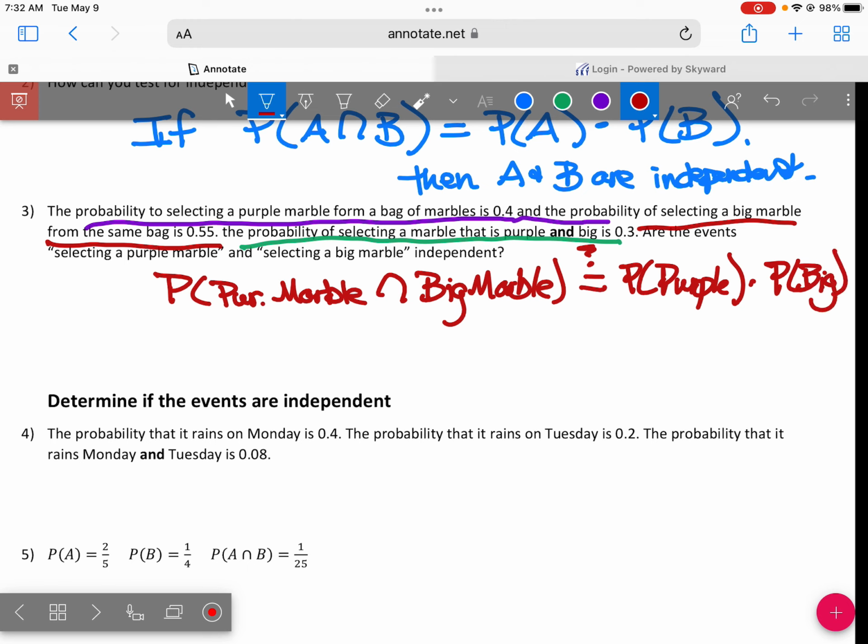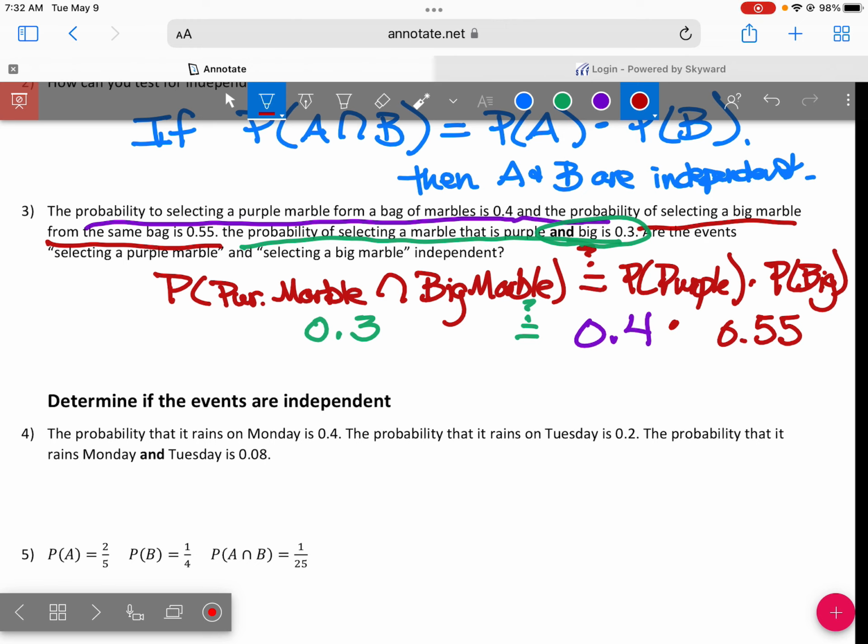All right, so the probability of purple marble and big marble, they give us that. It is 0.3. Okay? Is that equal to, and this is what we're questioning, the probability of getting a purple marble, which is 0.4, times the probability of getting the big marble, which is 0.55?